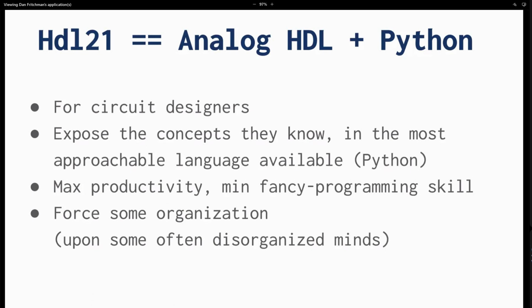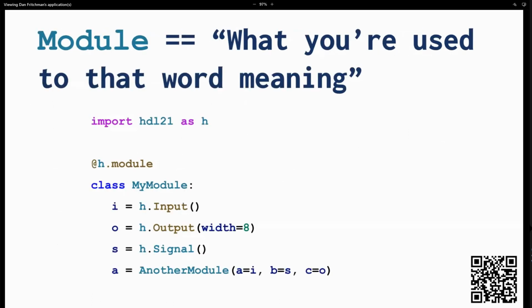The things that designers are used to, the concepts that they already register, like signals and inputs and outputs and instances of other modules and connections therebetween, are the central currency here as well. They're the kinds of things that get instantiated in these HDL21 modules. And really the thing behind the scenes that makes it a module is having defined this class, you stick this little decorator on it. That's how and where the library applies its magic.